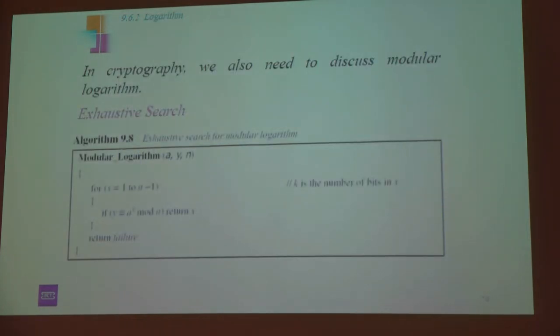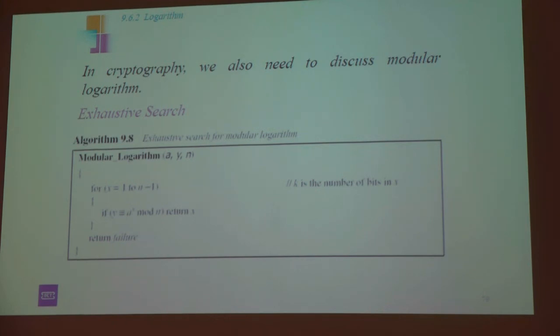For the logarithms, we also need to discuss modular arithmetic. We have to explain a lot about modular arithmetic, but it's the reverse process. For this course I just need you to have an idea, so let me go backwards.